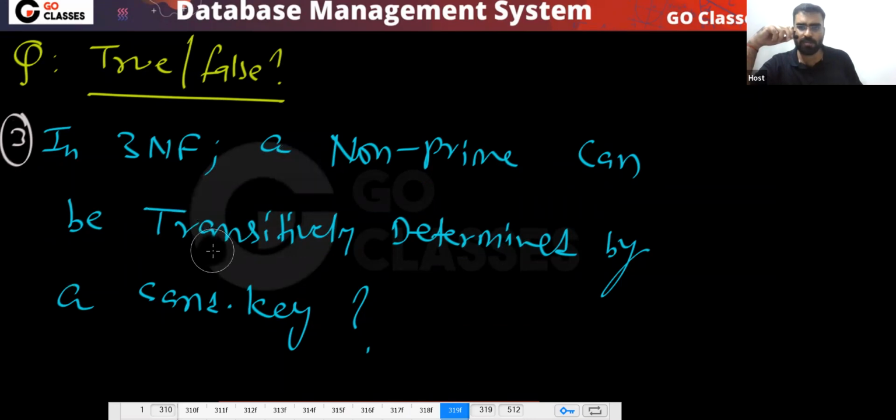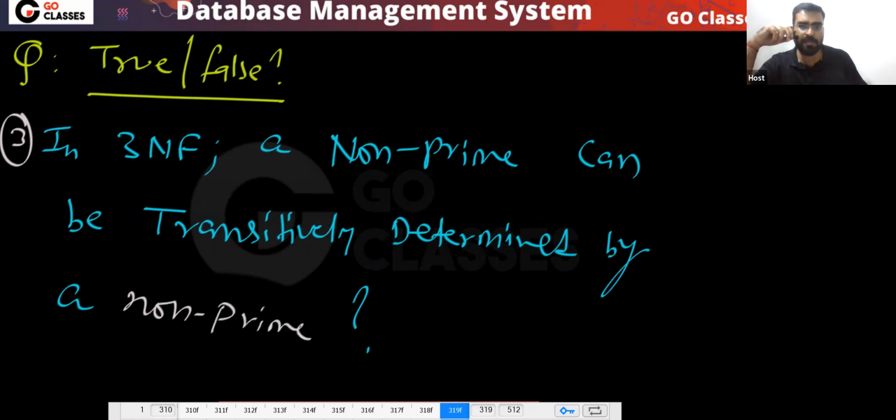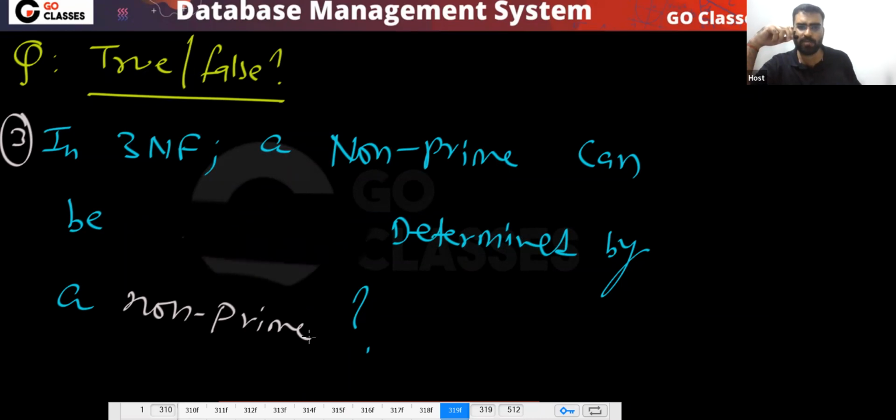A non-prime attribute can be determined by a non-prime attribute.